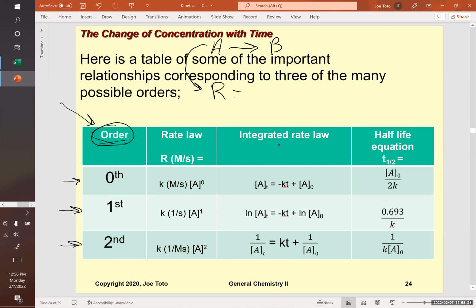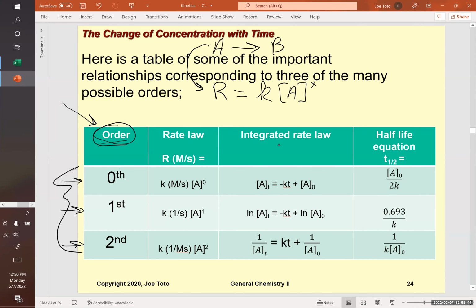It's going to be rate equals some rate constant, K, times the initial concentration of all the reactants to some power. There's only one reactant here, A, so this is the possible rate law. And down here, I have the three most common ones that you find in Chem 201.